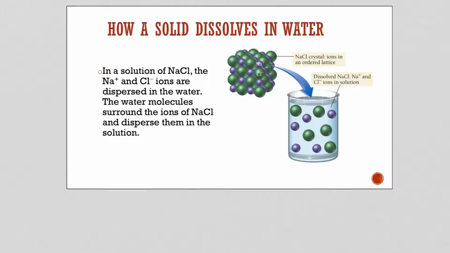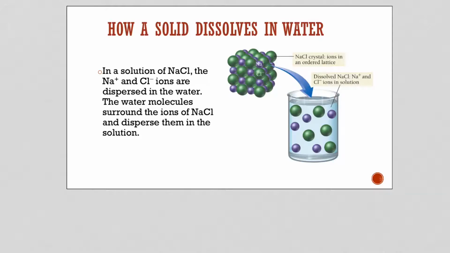So this is generally, if we think about it on a molecular level, how a solid, especially an ionic solid, dissolves in water. And so all solids, when they dissolve, you're going to break their solvent-solvent interactions and your solute-solute interactions, and you're going to form these new solvent-solute interactions.